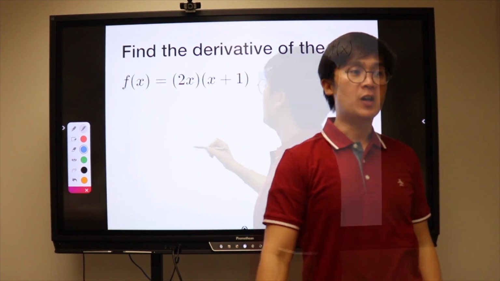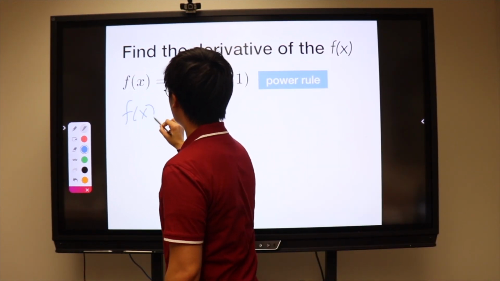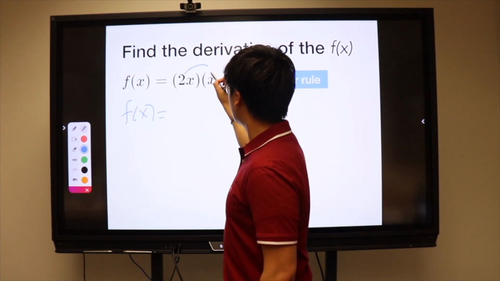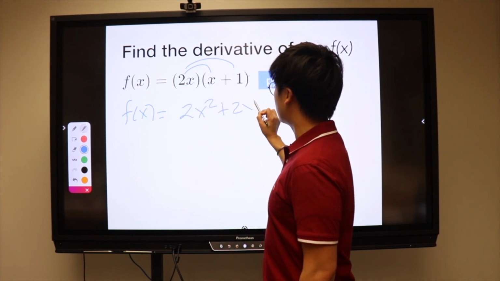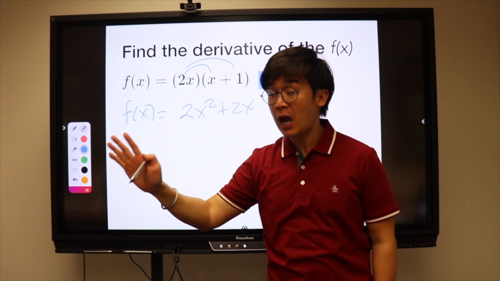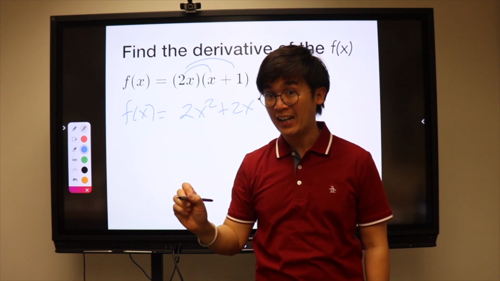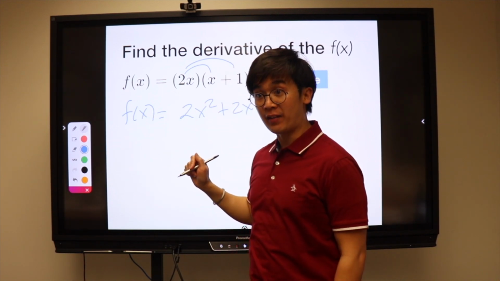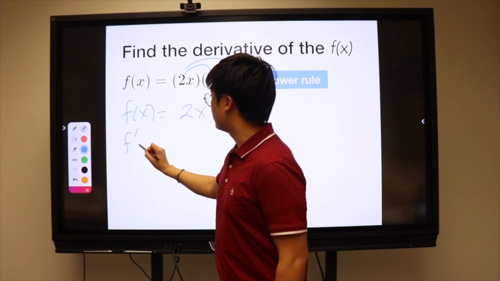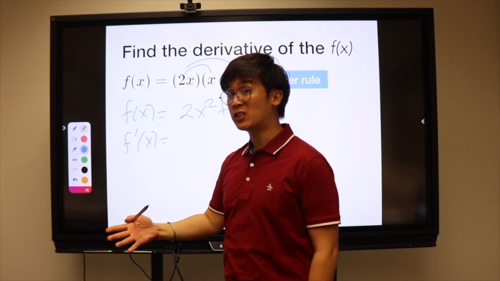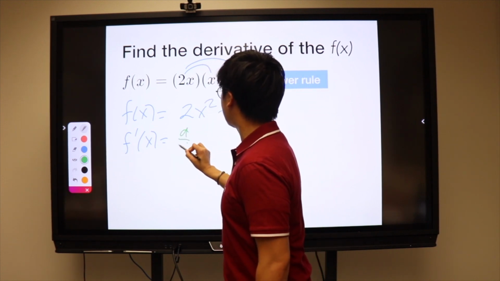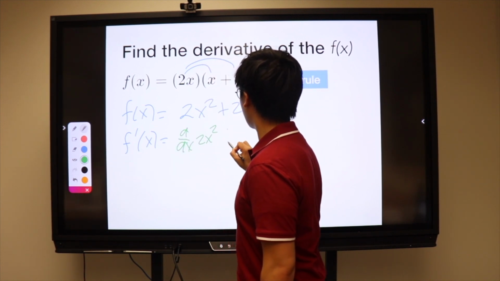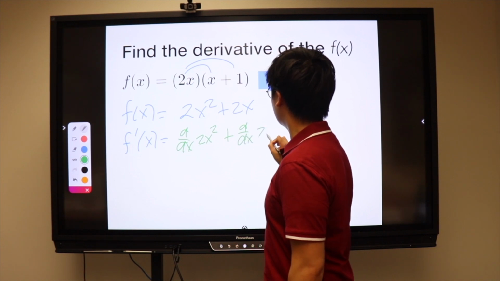Take the derivative of this function. So f of x, I can modify this by distributing it to here so that I'll have 2x squared plus 2x, right? I did not do any calculus rule yet. That's why it's still an f of x. But once I start changing my notation from f of x to f prime of x, I'm going to take the d/dx of 2x squared and the d/dx of 2x.